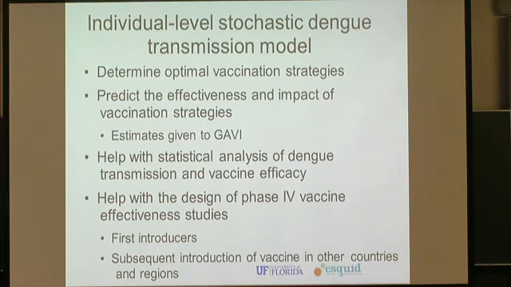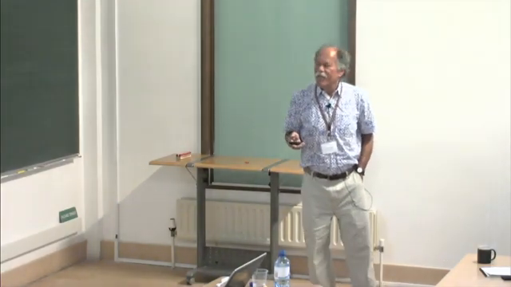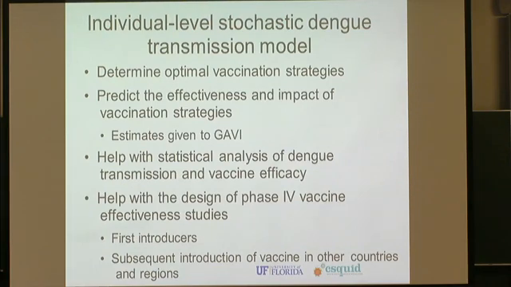We want to help with statistical analysis of dengue transmission and vaccine efficacy. We want to help design phase 4 studies once the vaccine is licensed, for countries that are going to be first introducers of the vaccine, and then for other countries as more and more vaccine becomes available.